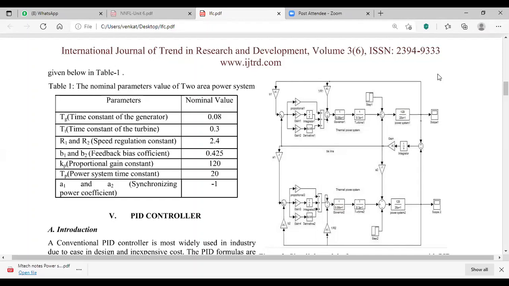So these are the parameters in the two area power system.